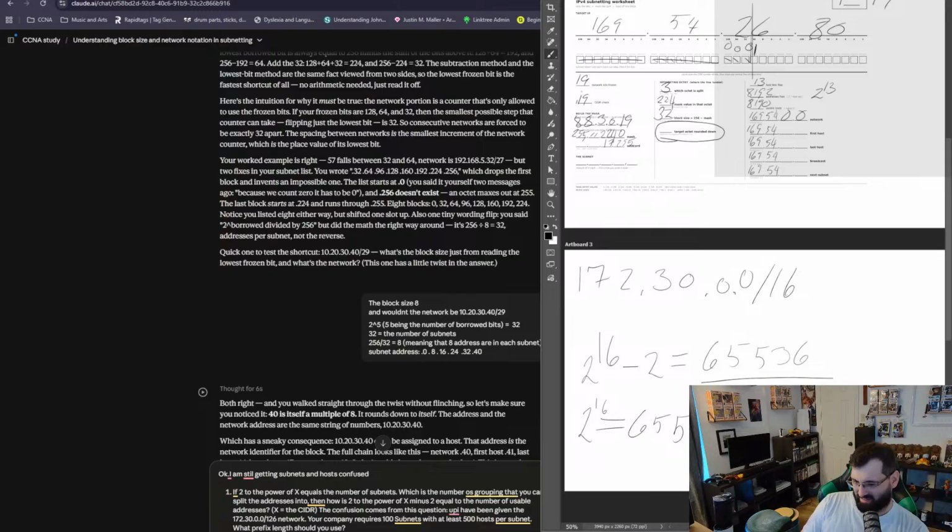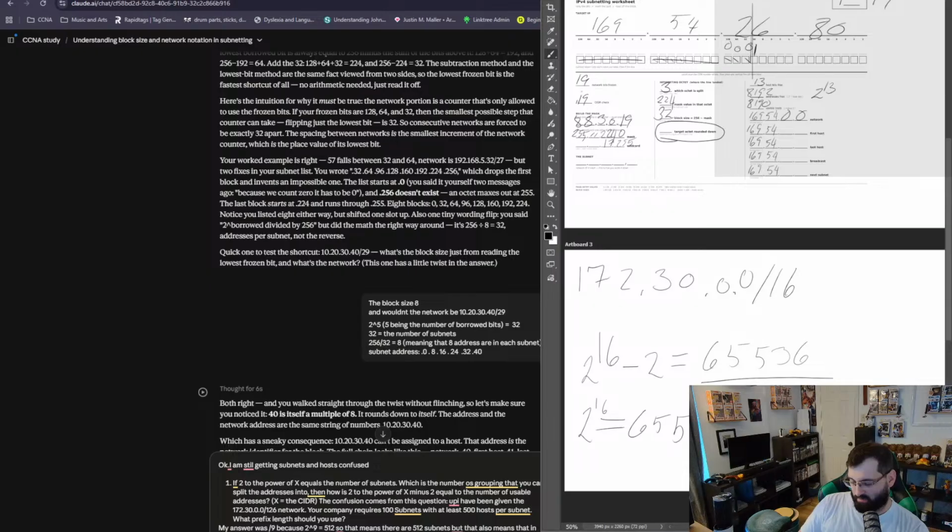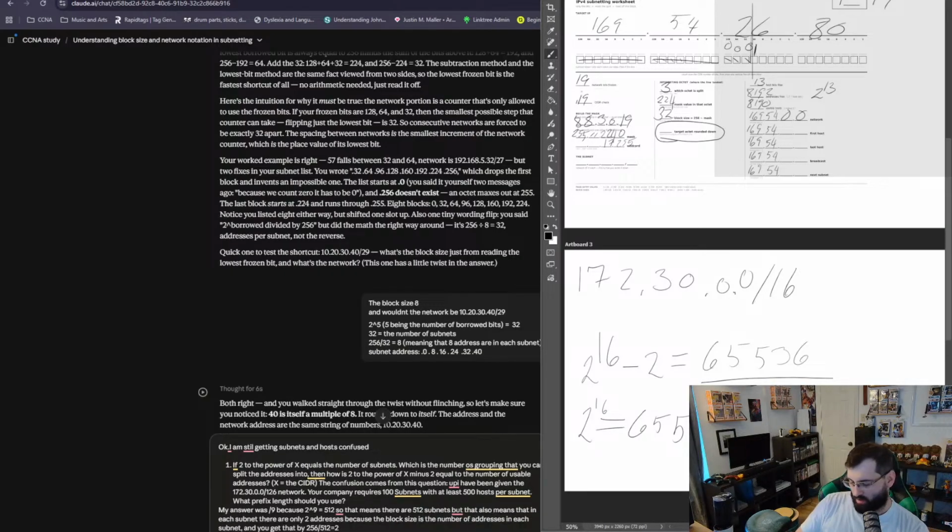That doesn't make any sense. Because the block size is the amount of addresses in each subnet, and you get that by 256 divided by 512 equals 2. Where am I going wrong?